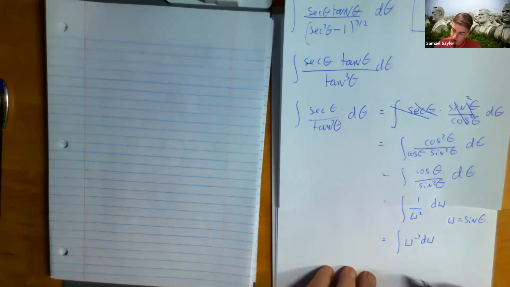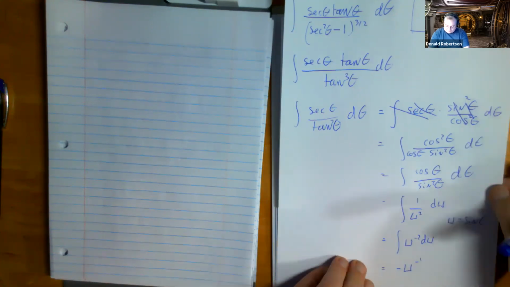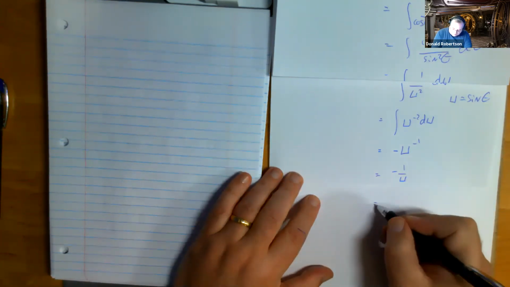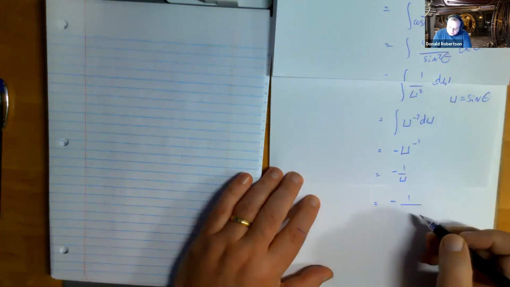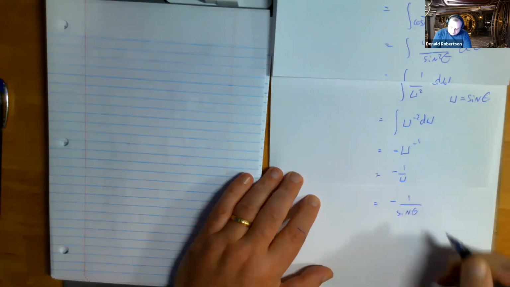So if you add 1 to the power, it becomes this guy. Add 1 to the power, divide by the new power, which becomes this guy, which then becomes this guy. Now we have to go back to the x sub.